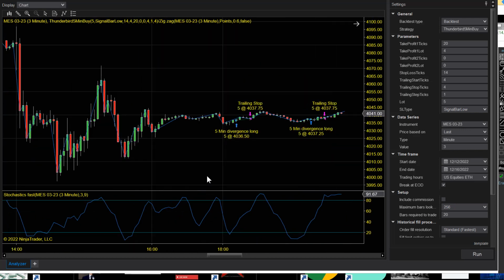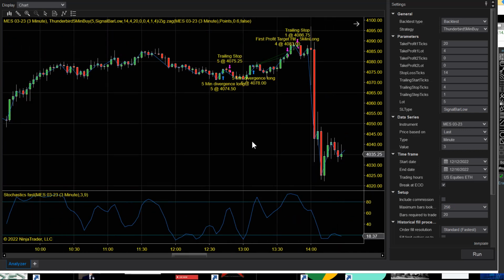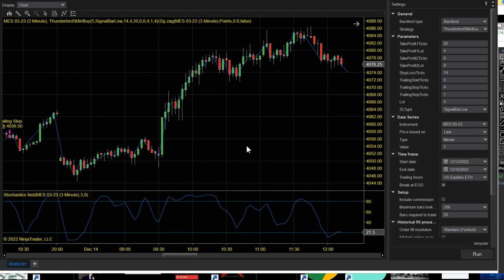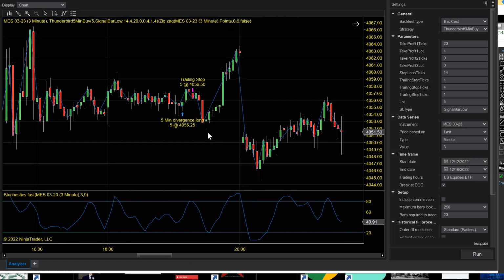And again, you can see some of the gaps and stuff, but most of these are just excellent setups. Some of these could be a little choppy. This one actually is not a bad setup here, but we're going to pass on it. Let me get my pointer out here.